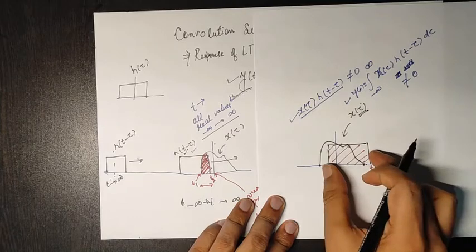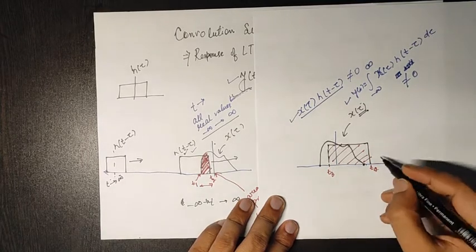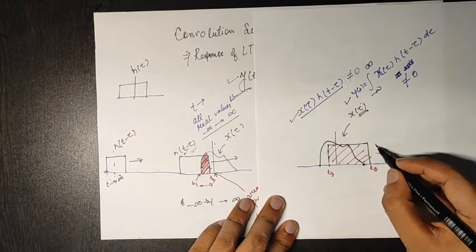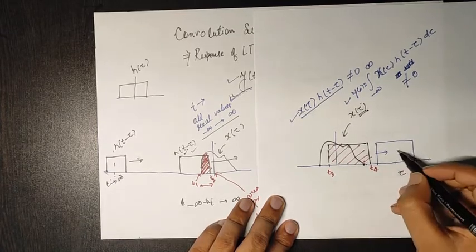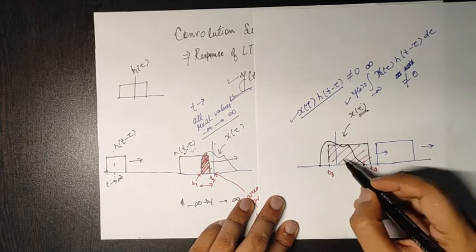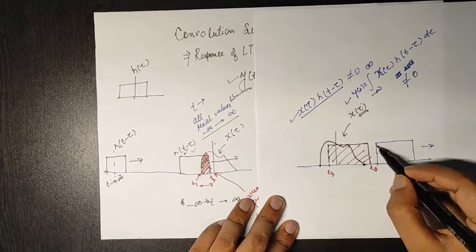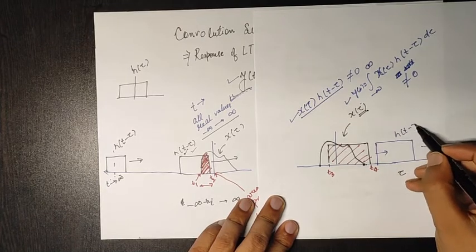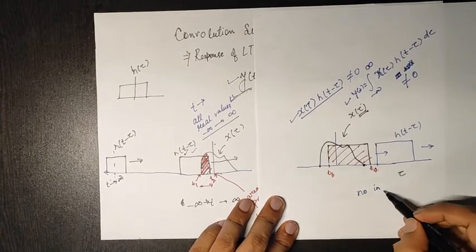So in this way, suppose it further shifts rightward. Let's say it further shifts to this point. Now at this point there is no intersection. This curve x tau is here and this h t minus tau is here. So no intersection area.